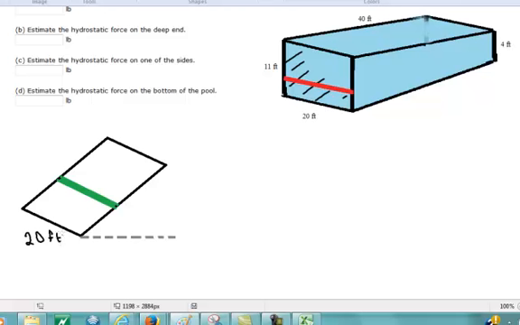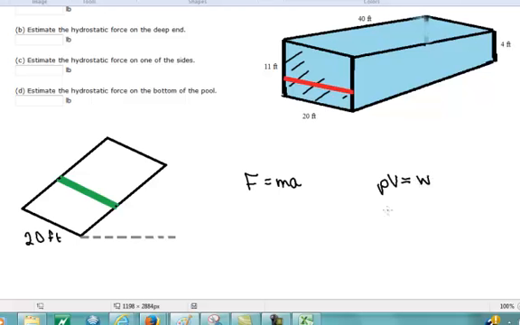Okay, and so let's try to figure out the force exerted on this little strip that I've drawn on the floor. So force is always mass times acceleration. But remember, in the English system, when we do rho times V, that's pounds per cubic foot times cubic foot.